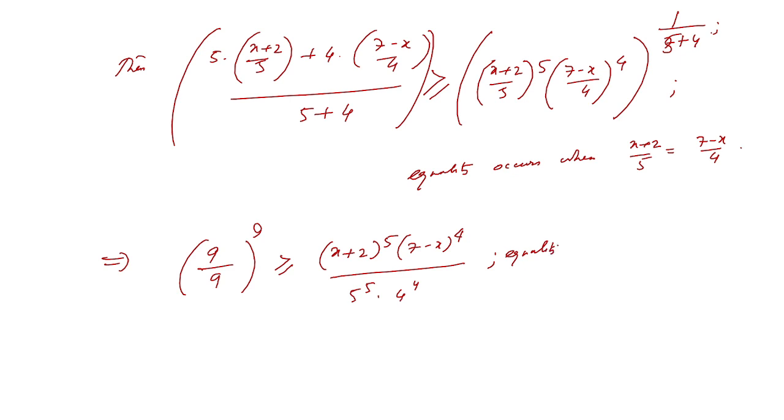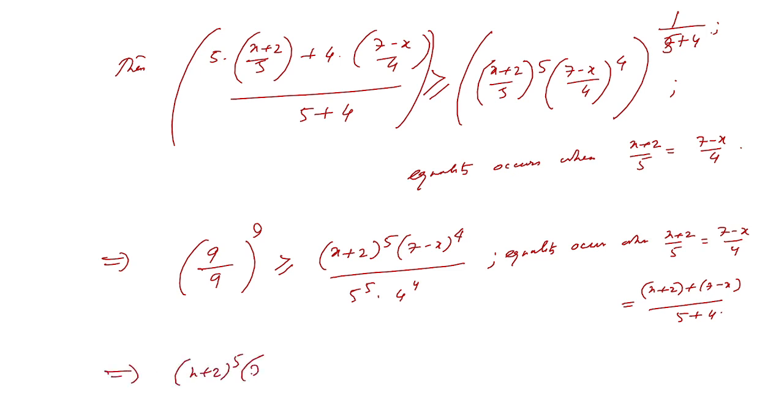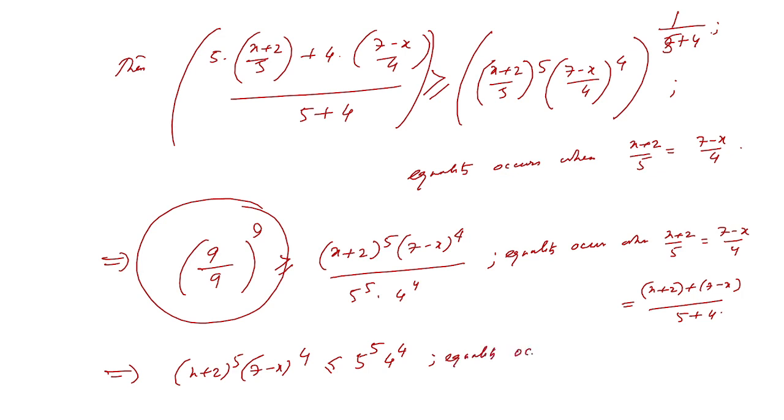And equality occurs when (x+2)/5 equals (7-x)/4 equals (x+2+7-x)/(5+4). That implies (x+2)^5 times (7-x)^4 is less than or equal to 5^5 times 4^4, since that part is basically 1. And equality occurs when, x cancels, that is 9 by 9, that means 1.